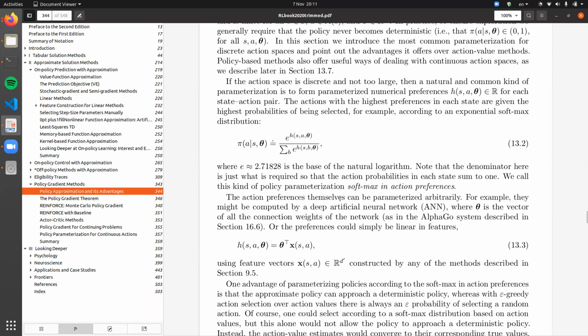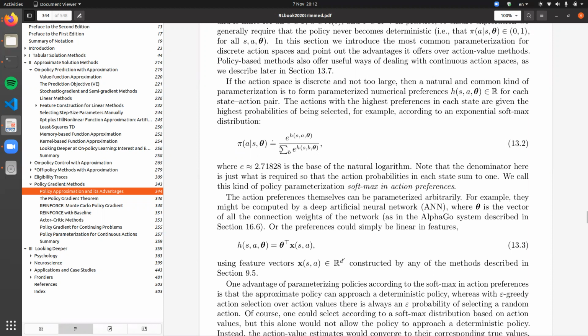Another intuition to have when you think about softmax is that it is a soft approximation to the argmax.